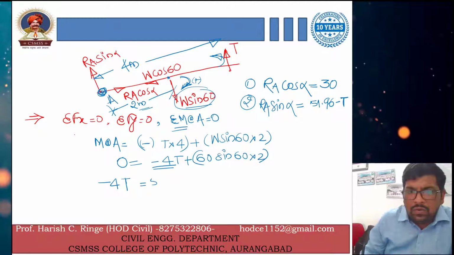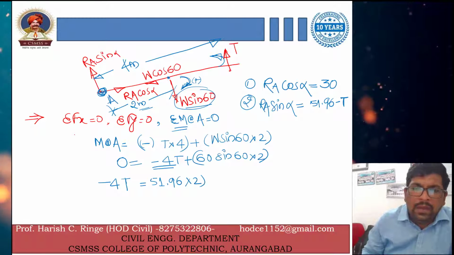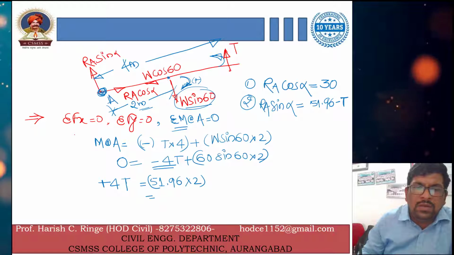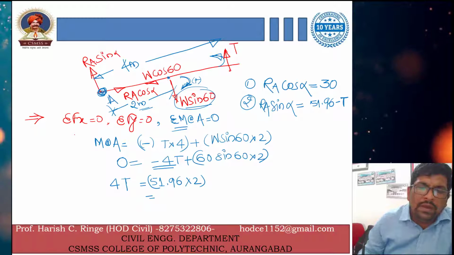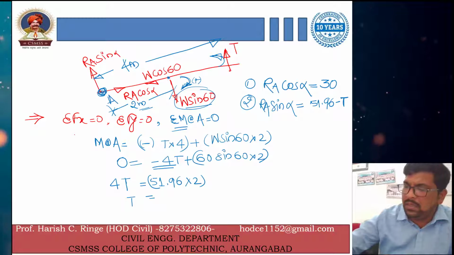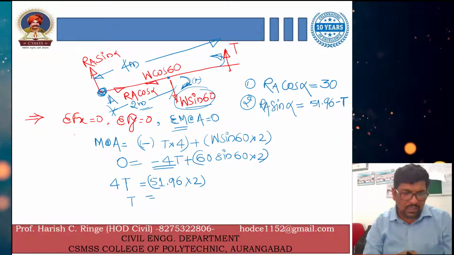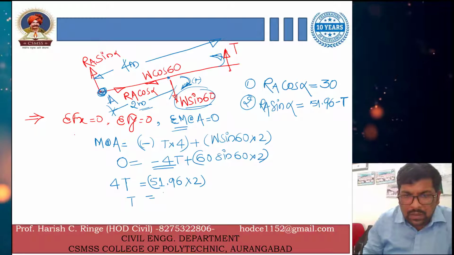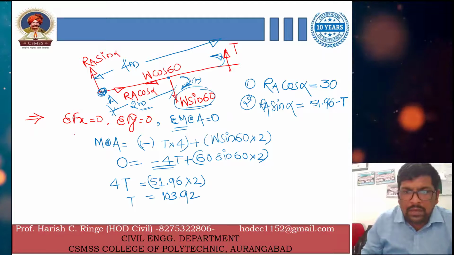Okay, so 51.96 multiplied by 2, this will be the value. This will become T, because we have taken this minus towards the left, so it will become positive. So I will keep this as T and make the calculation of 51.96 into 2, which gives me the value 103.92, right?